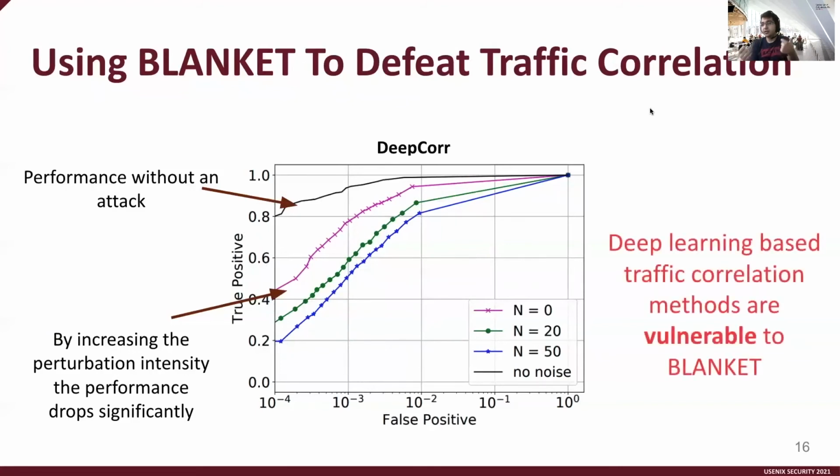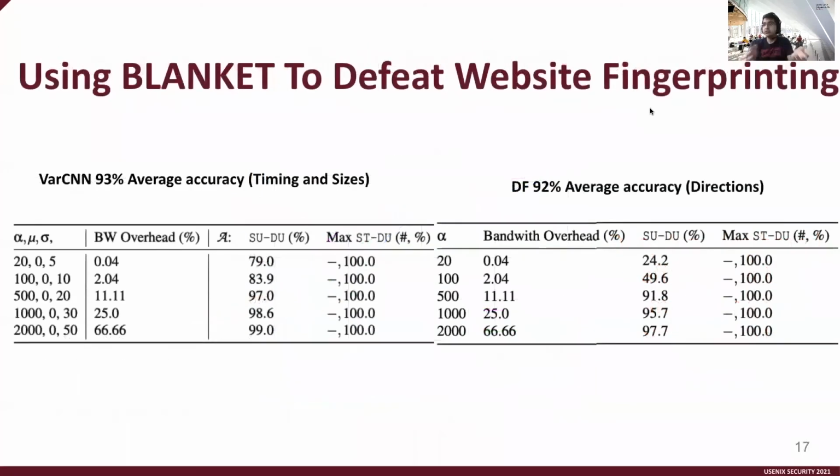But when we apply these perturbations based on this system, the performance of DeepCorr will drop significantly, and traffic correlation methods such as DeepCorr, which use neural networks, are vulnerable to this type of attack. Also, we see the same thing here in website fingerprinting. Both DF and Var-CNN are vulnerable to this sort of attack.